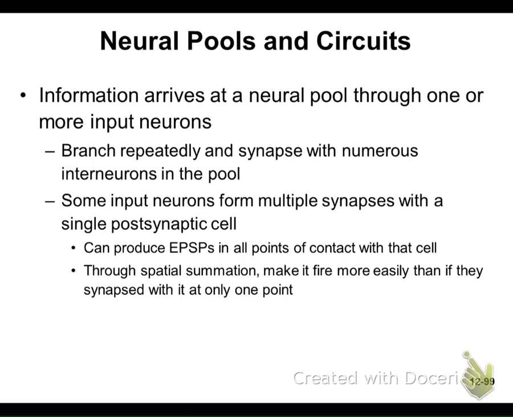So information comes in at one of these neural pools and can branch. It will synapse with other neurons, and basically there's a pathway here that's very easy. When you're learning something new, it takes more work, doesn't it? Imagine a child learning how to ride a bike, or imagine, if you could, go back in time when your body was trying to figure out how to walk.